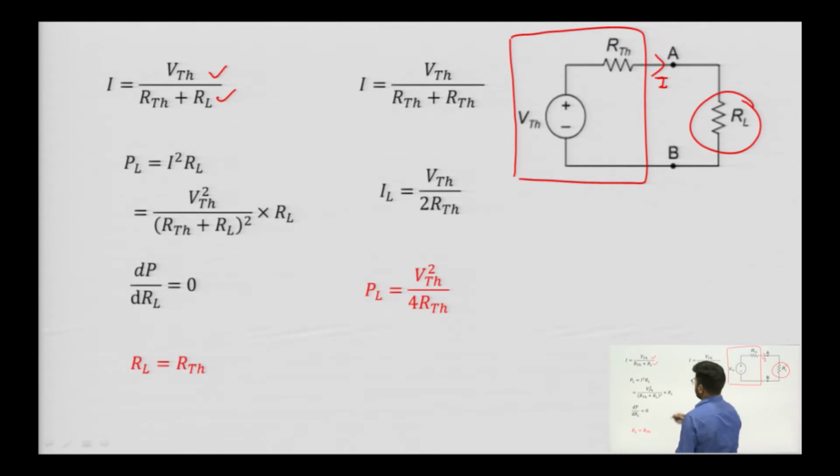Now, the power at the load will be equal to I square RL, because the same current I is flowing in RL. So, it will be I square into RL, and I we have found as VTH upon RTH plus RL, whole square, into RL. So, this is the power at the load end. Now, to calculate the maximum power, the condition must be that the differentiation of power with respect to load must be equal to 0 for maximum power transfer.